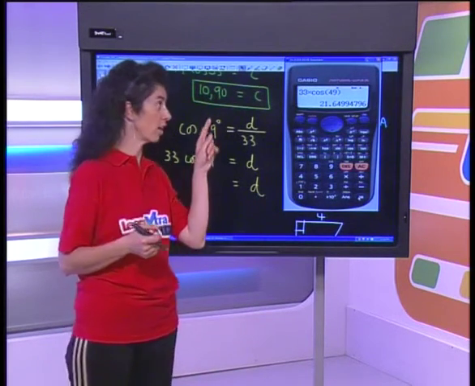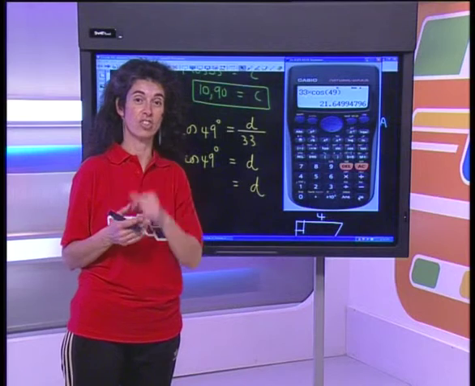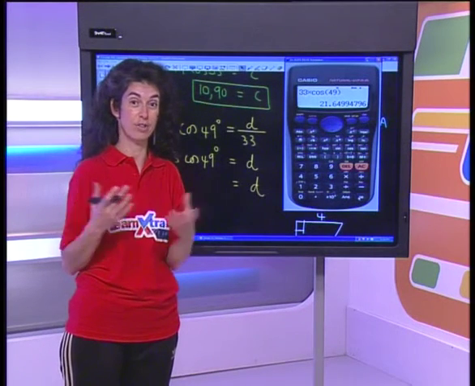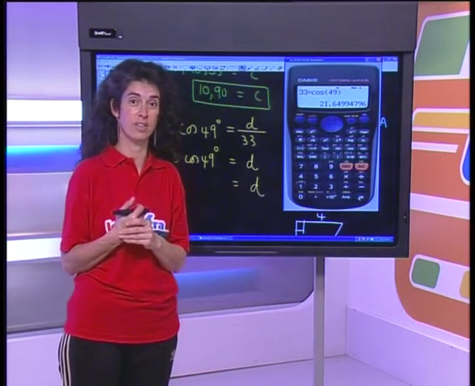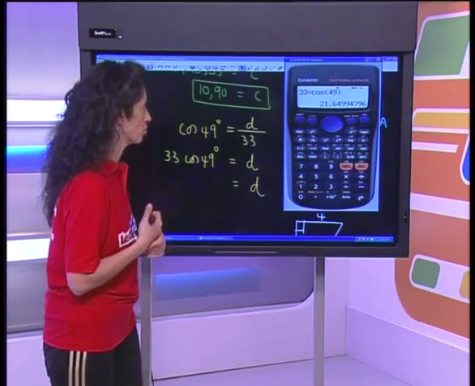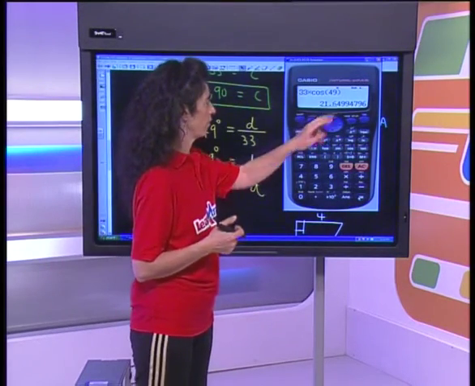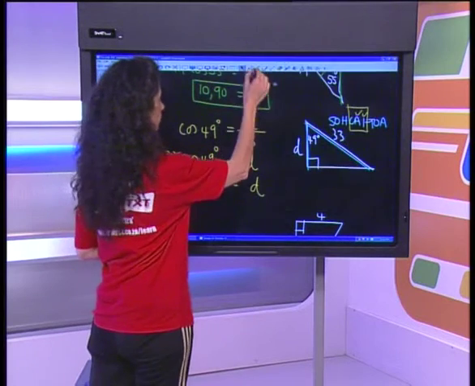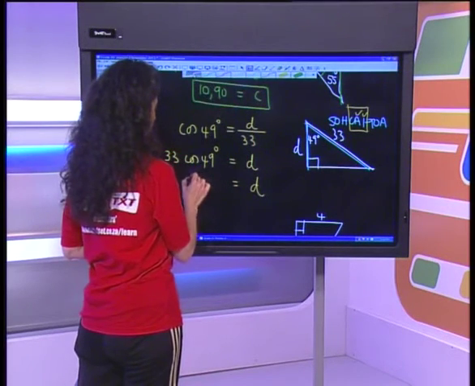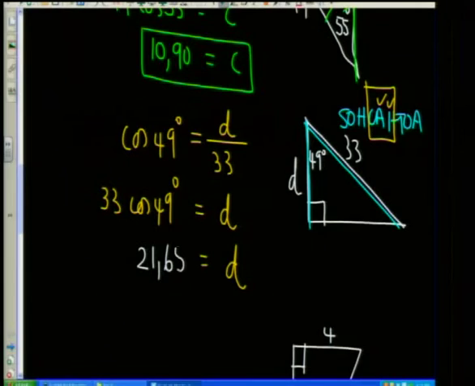So you need to check your calculator carefully that you're actually in degrees, because otherwise you're going to get completely different answers if you're using one of the other angle modes. So in this case, we get 21,65, and that would be my D.